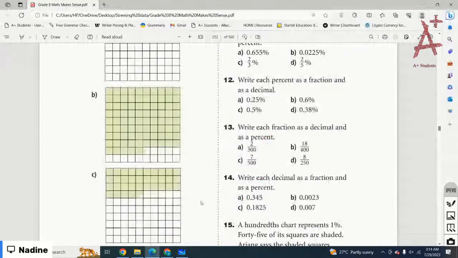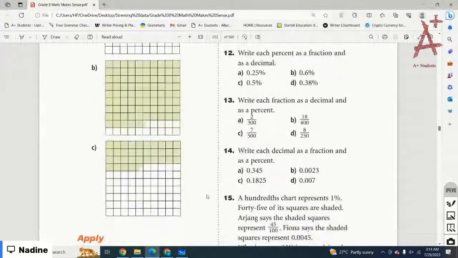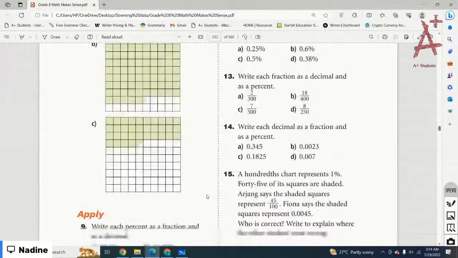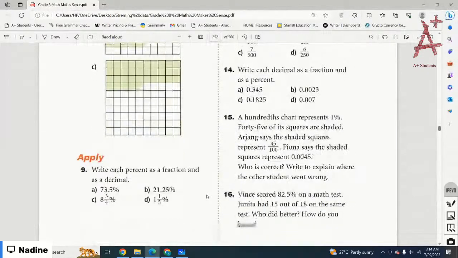The next one is question number 15. A hundreds chart represents 1%. 45 of its squares are shaded. Arjun says the shaded squares are 45 by 100. Fiona says the shaded squares represent 0.0045. Who is correct?